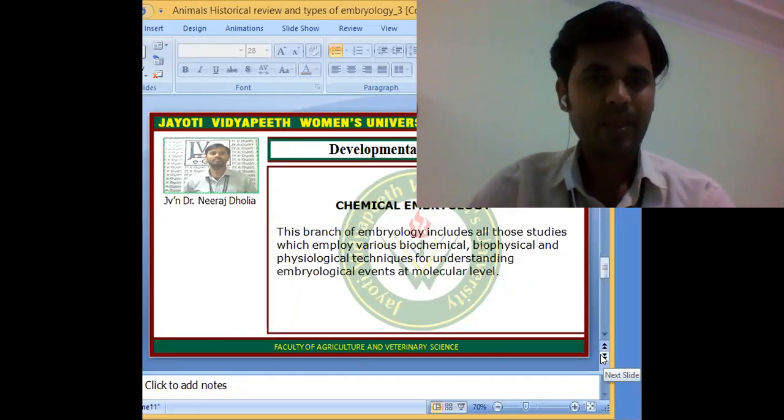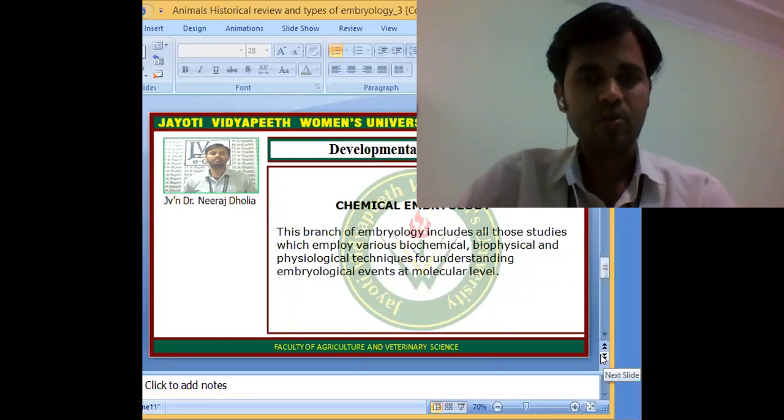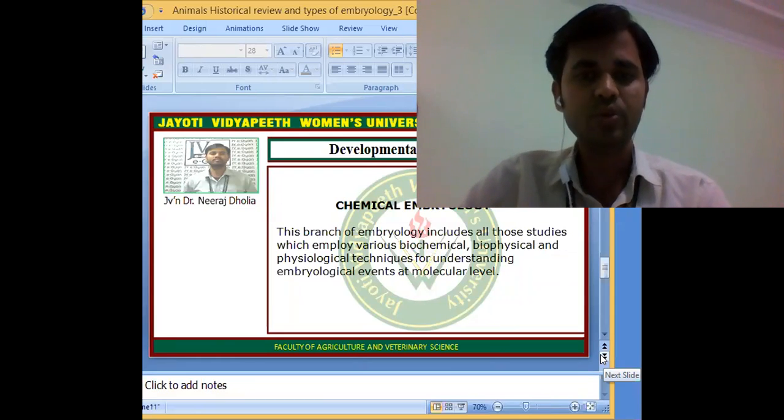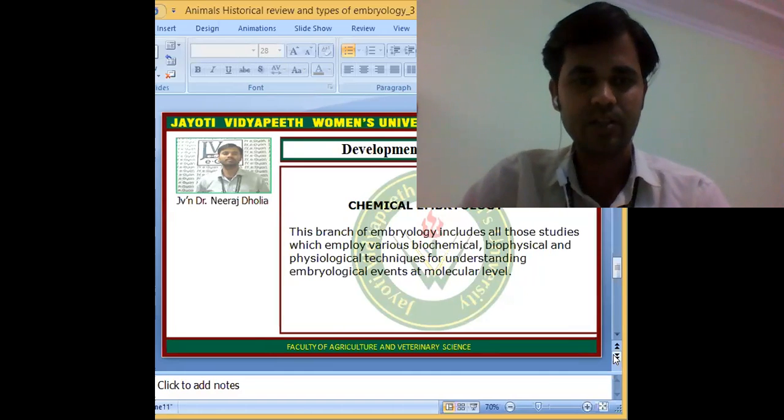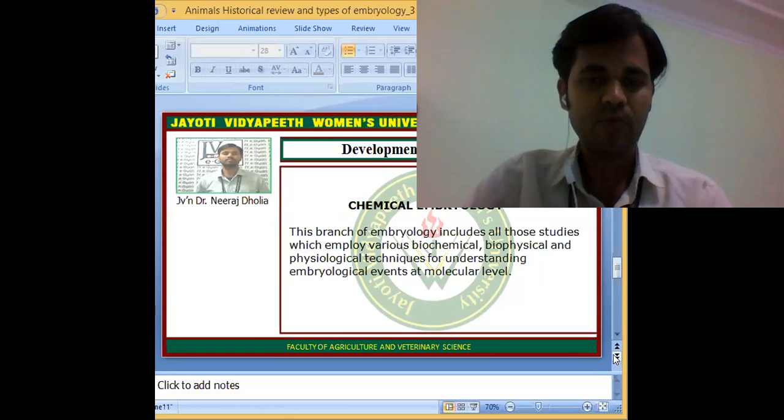So next one is the chemical embryology. It is a branch of embryology that includes all those studies which employ various biochemical, biophysical, and physiological techniques for understanding the embryological events. So to understand the embryological events, we can use biochemical methods, biophysical instruments, and physiological techniques.